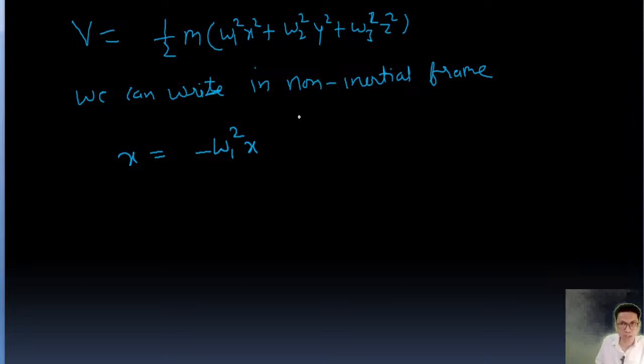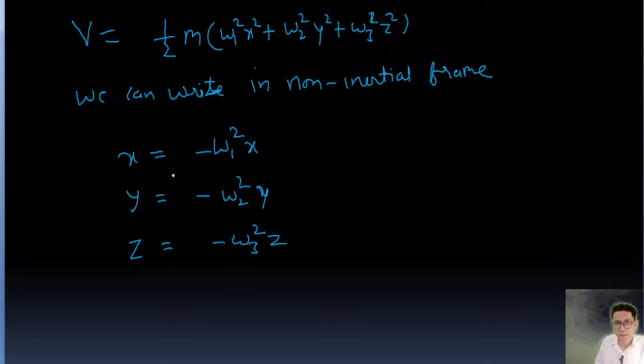So in the non-inertial frame we can write x double dot equal to minus omega 1 square x, and y double dot equal to minus omega 2 square y, and z double dot equal to minus omega 3 square z. So this is the one we can write in the non-inertial frame.